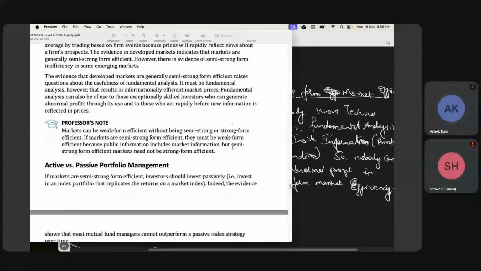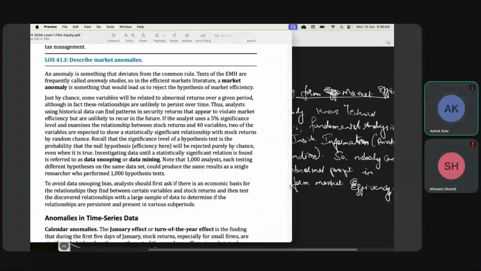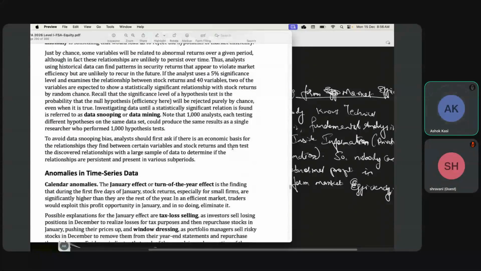Then all this you can ignore, and this term you should know: data snooping or data mining. That means you are investigating data until a statistically significant relation is found. You are looking at data from all different angles and then using it the way you want.